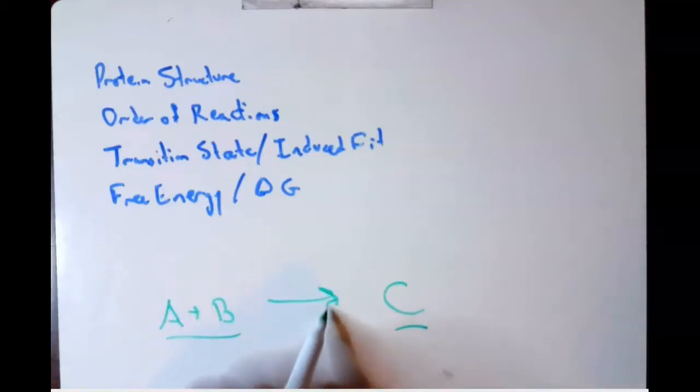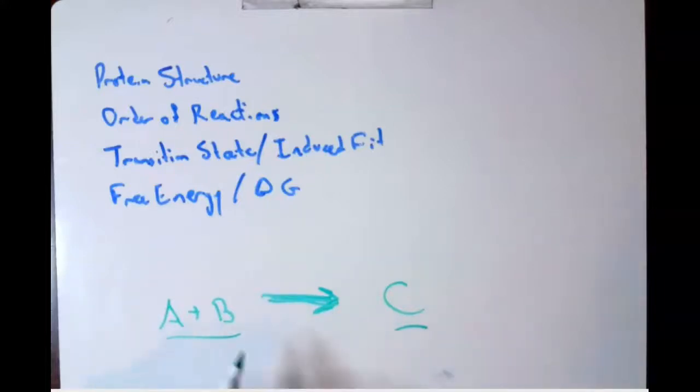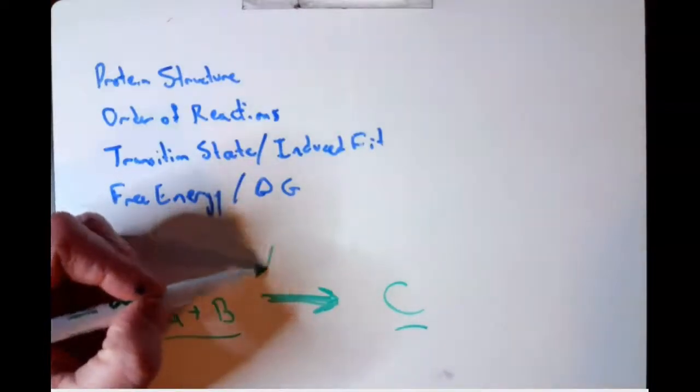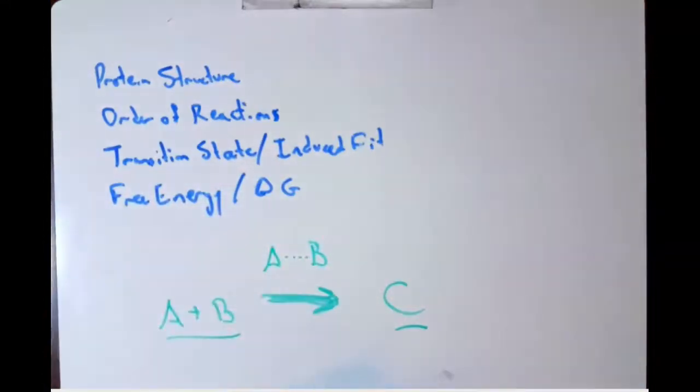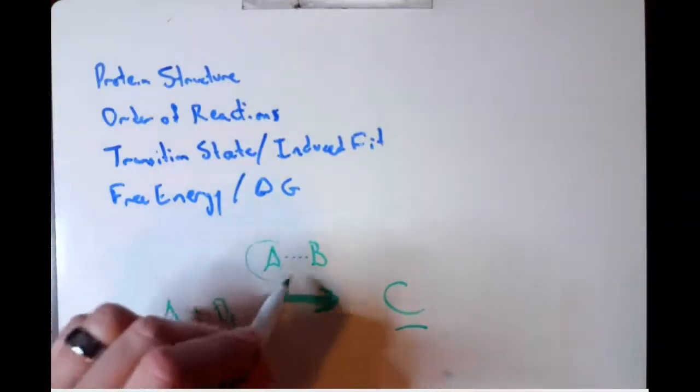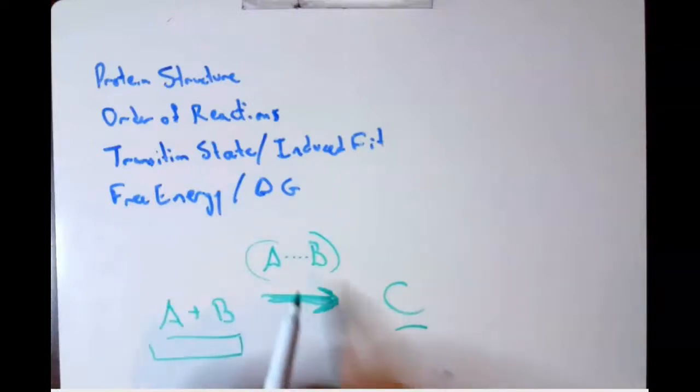Now, on the journey of this joining, on the journey of making this peptide bond in this example, as we go from A independently and B independently to C, we're going to go through a transition state. The transition state is no longer reactant, right? This kind of hybrid structure where A still has a bit of its own identity, B still has a bit of its own identity, but they are now covalently linked.